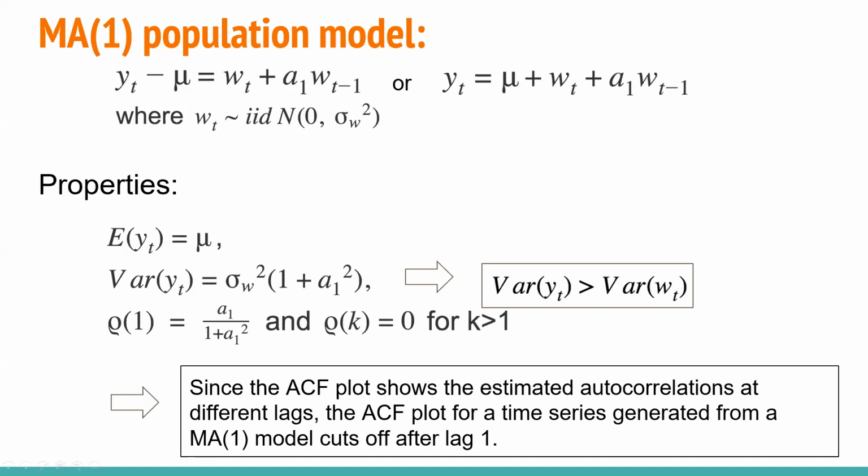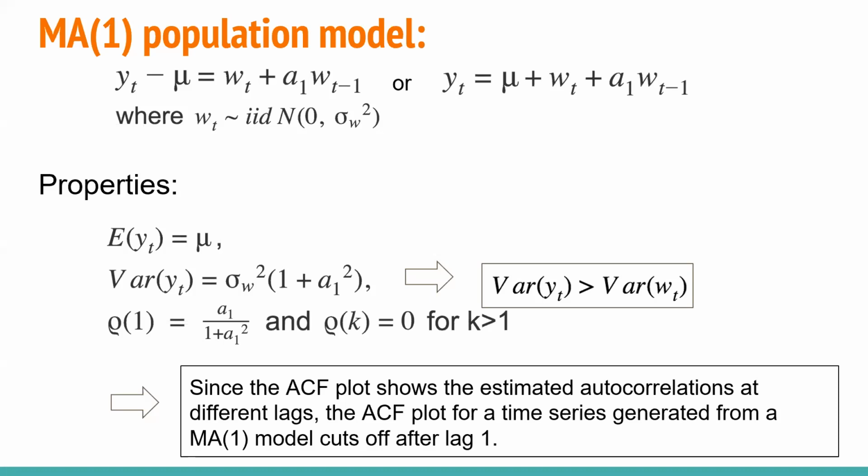Now, in the MA1, it is the ACF of MA1 that cuts off after lag 1. You remember what cuts off after lag 1 in the autoregressive model? What cuts off after lag 1 is the partial autocorrelation function plot, the PACF plot.